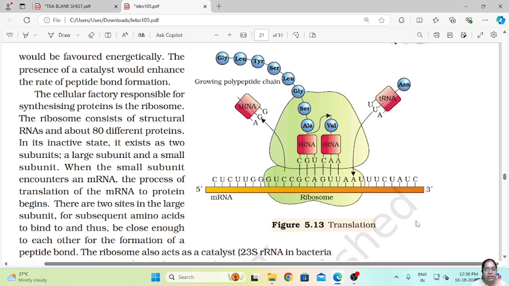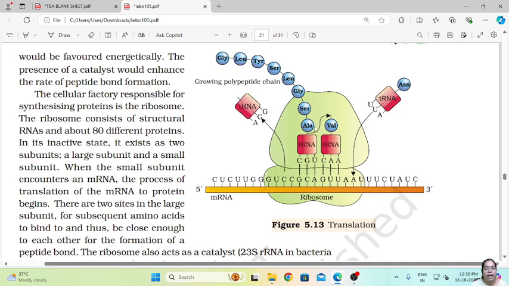So this is the translation process, wherein this is the ribosome, this is the smaller unit and this is the larger unit of the ribosome, and this is your mRNA which is synthesized from the transcription process. It has base pairs, and your tRNA comes and binds, and then the ribosome moves along the mRNA.